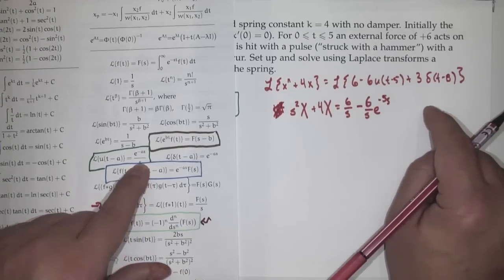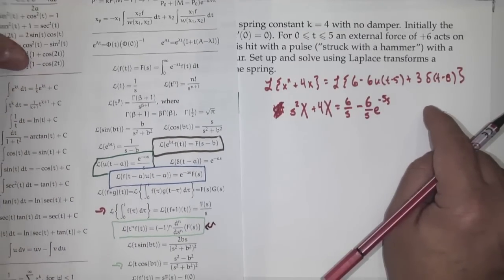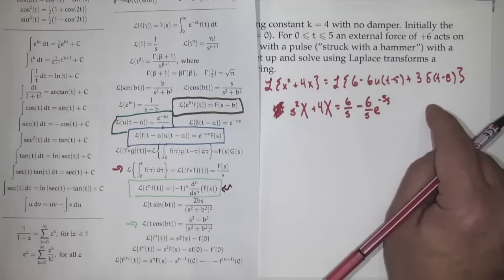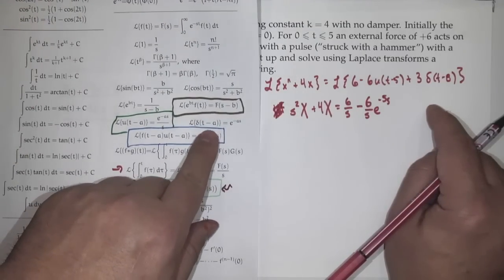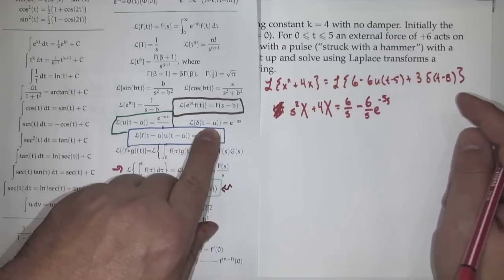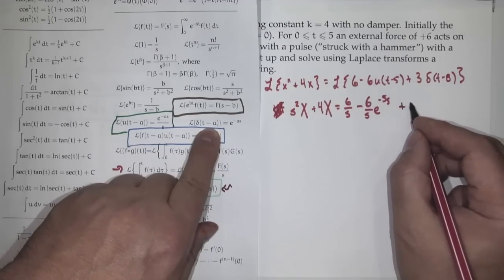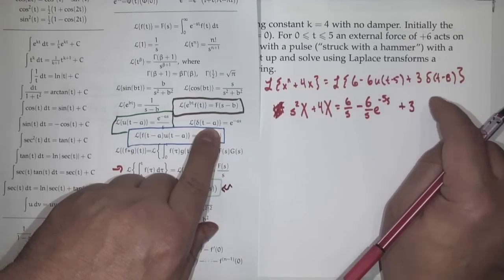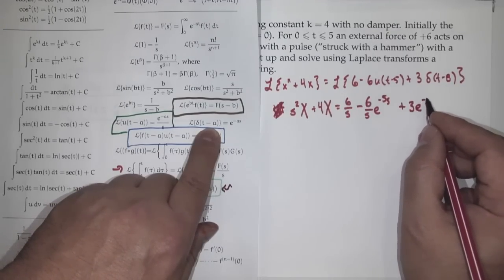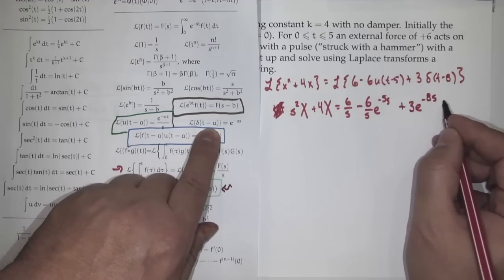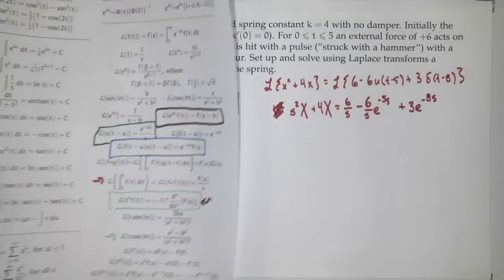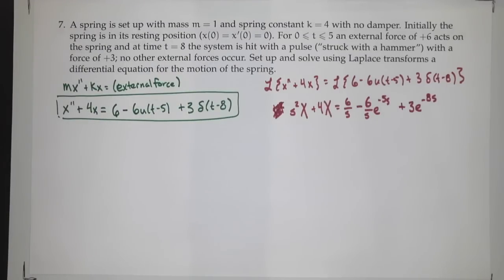And we know how to handle the delta function, because that's on here as well. It's right here, delta t minus a. So plus 3, because we have the constant, e to the minus 8s. All right. So there we have our pieces, all laid out for us.